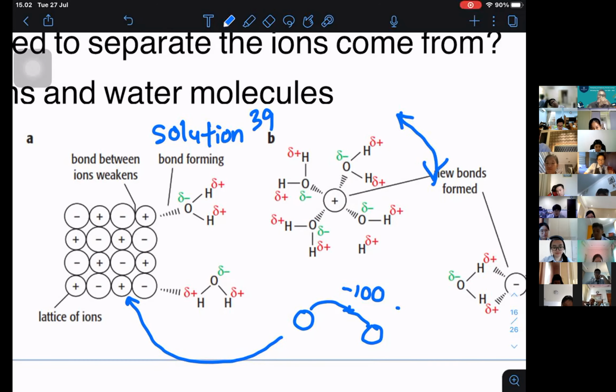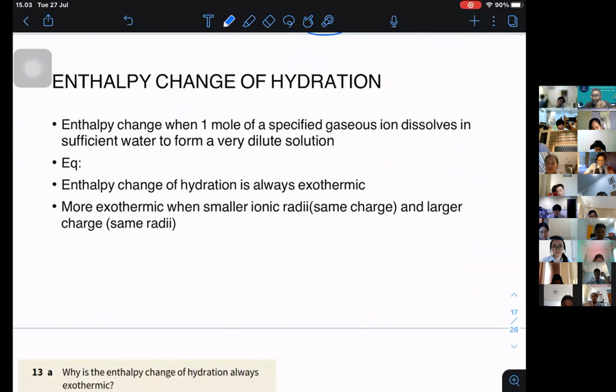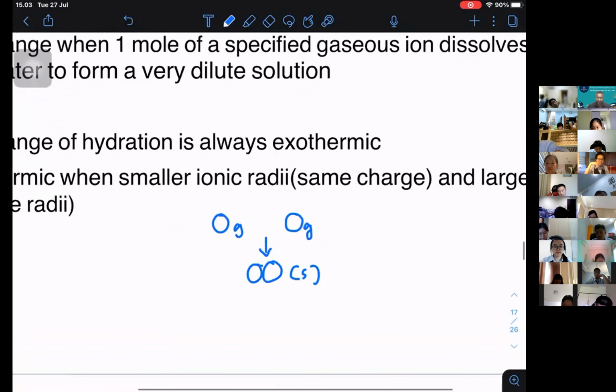That thing is the enthalpy change of hydration. That's the missing link. Once I have gaseous ions coming together to form a solid, that is going to be your lattice energy.